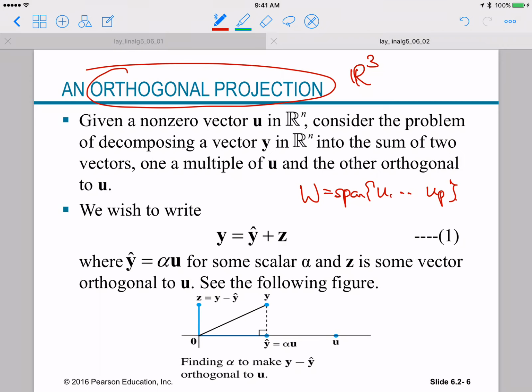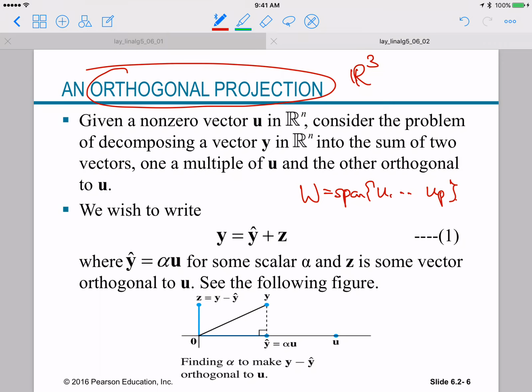Our task is to decompose this vector as one vector inside the subspace, and another vector which is not inside this subspace, but there is one condition that we have to satisfy.